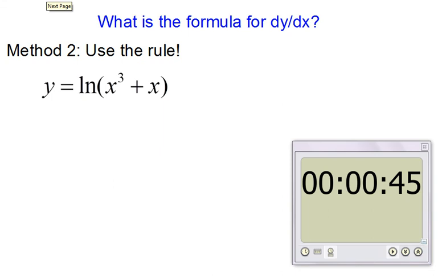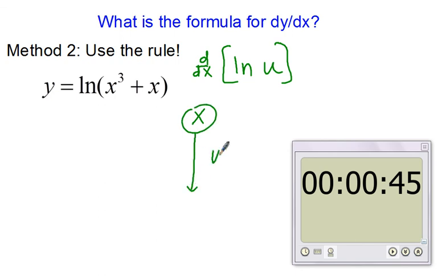So what does the rule say? The rule says if you have the logarithm of u, some function of x, and you want the derivative with respect to x, you've got to keep in mind that x has already gone through some process u, and you would like to compute the derivative.